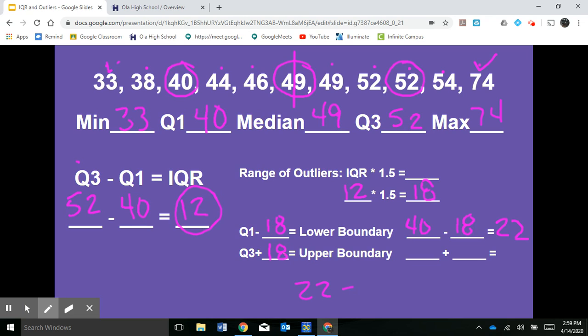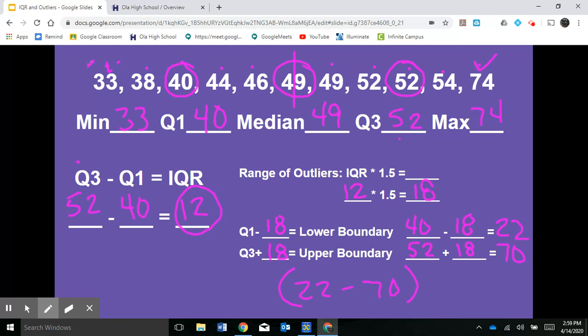So we're just setting our boundary up here. Q3 was 52. So 52 plus 18 is 70. So my upper fence or my upper boundary is 70. So my range of outliers is from 22 to 70.